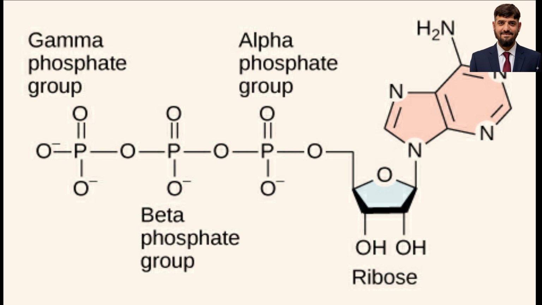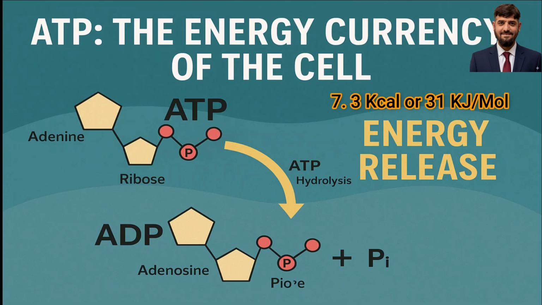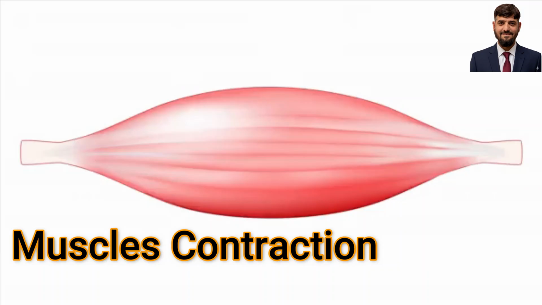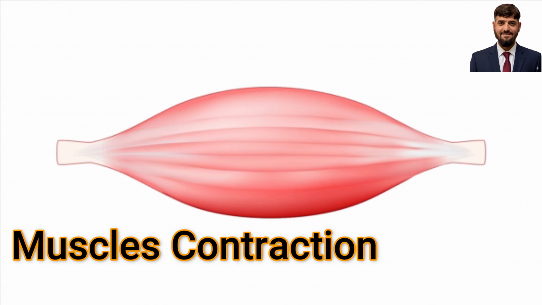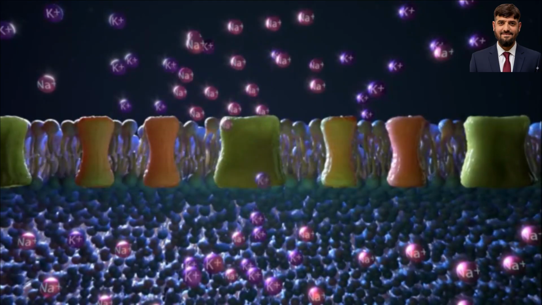The energy lies in the phosphoanhydride bonds between phosphate groups. When ATP is hydrolyzed, it yields about 7.3 kilocalories or 31 kilojoules per mole of energy. This energy is used for muscle contraction, active transport, and biosynthesis.